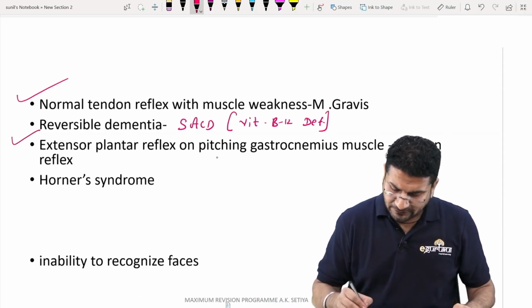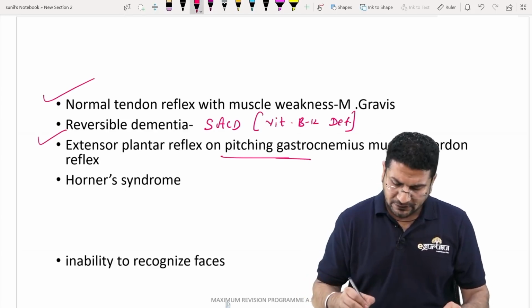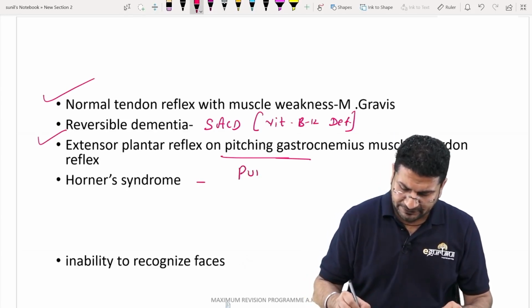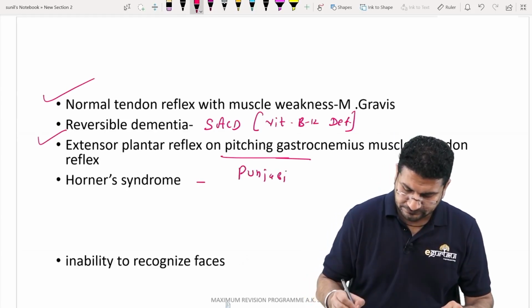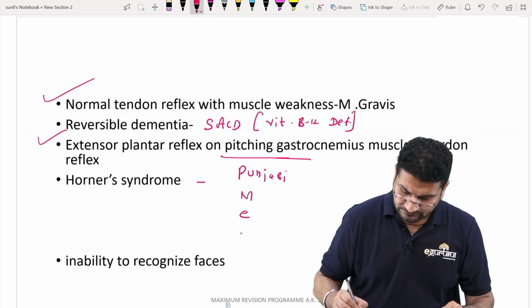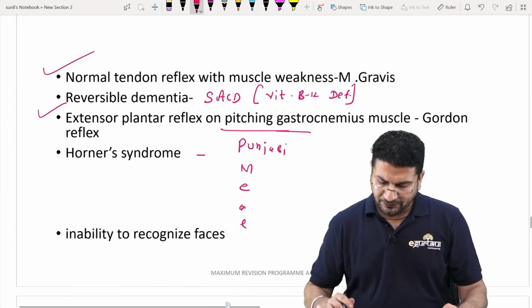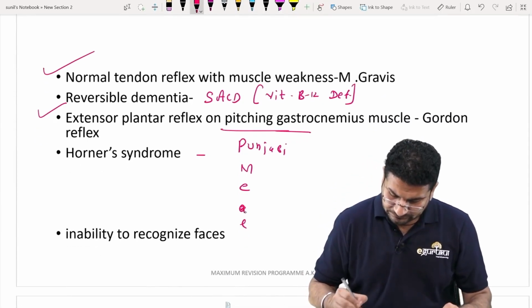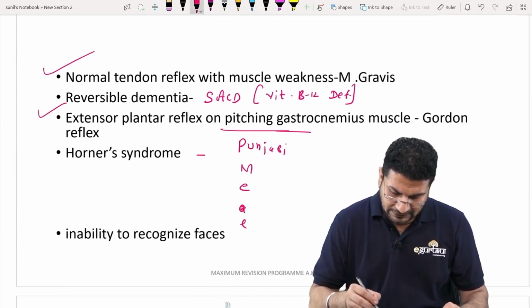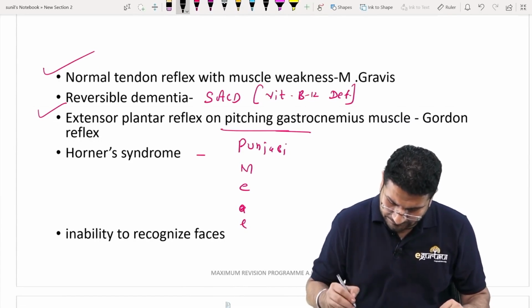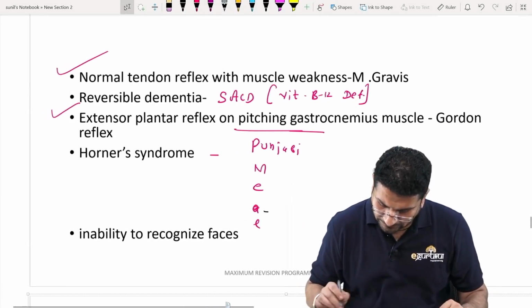Extensor plantar reflex on pinching gastrocnemius muscles, we call this Gordon reflex. Horner syndrome you can remember by a mnemonic, Punjabi meal. Punjabi meal is ptosis, miosis, anhydrosis, loss of ciliospinal reflex.